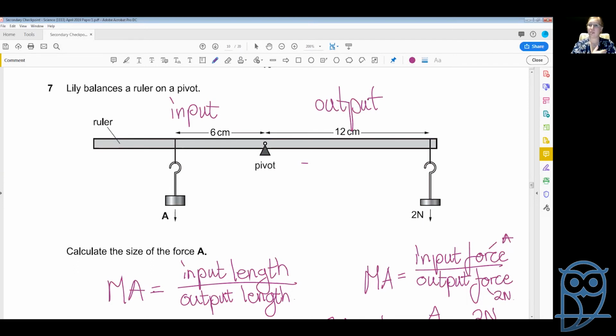So a wheelbarrow does have some mechanical advantage. What that means is that if we pick it up by the handles, we are actually going to be inputting less force than it is outputting. So it's going to feel a little lighter than it would be to literally pick up all of the things in the wheelbarrow.